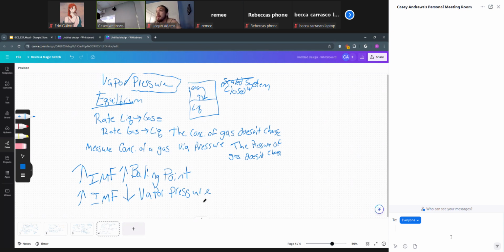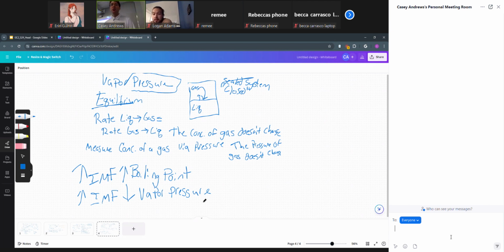In a closed system, you're going to have some concentration of gas that doesn't change. This is called vapor pressure. If you have strong intermolecular forces, you'd rather be a liquid than a gas. So the majority of you will be a liquid. Therefore, if you have strong intermolecular forces, you have low vapor pressure.